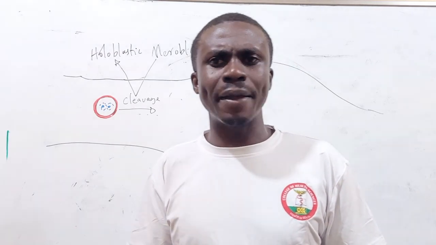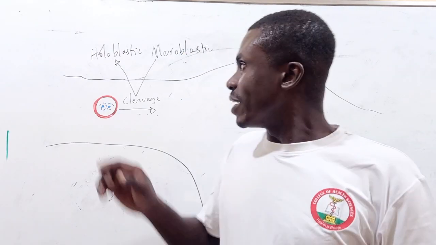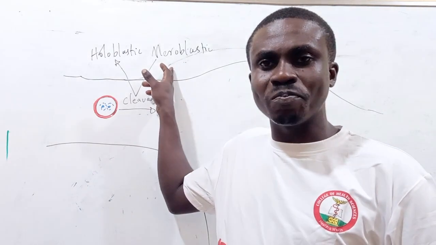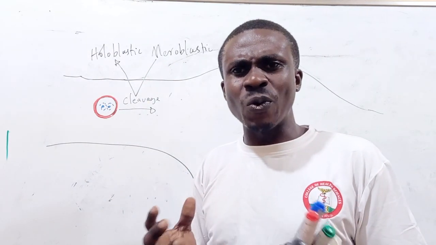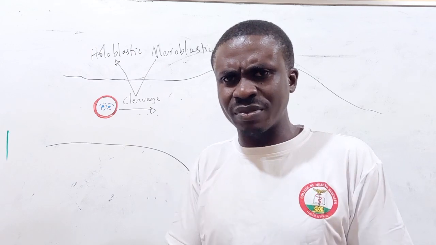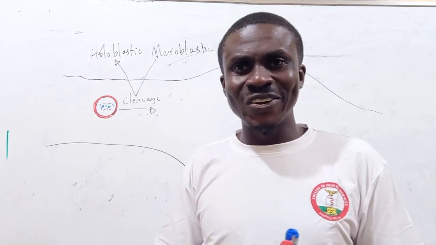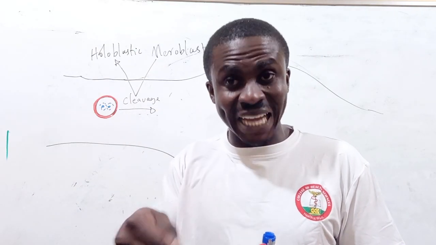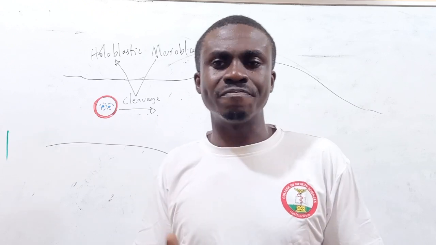Now the question is why? The reason is simple. In the case of meroblastic, these kinds of zygotes, or fertilized eggs, are very yolky.